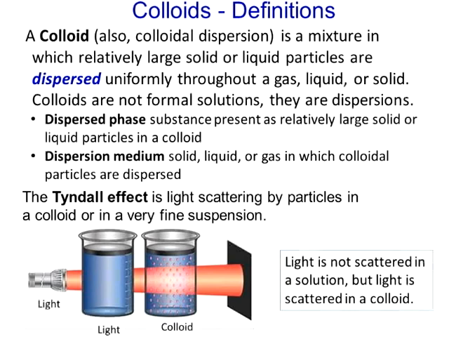The Tyndall effect is light scattering by particles in a colloid or in a very fine suspension. So, if you shine a light through what you think to be a solution or a colloid, the one that scatters light is a colloid. The one that does not scatter light is a solution. And in fact, the size of the particles in some colloids are so large that you can't see through them. They're translucent or they're cloudy.